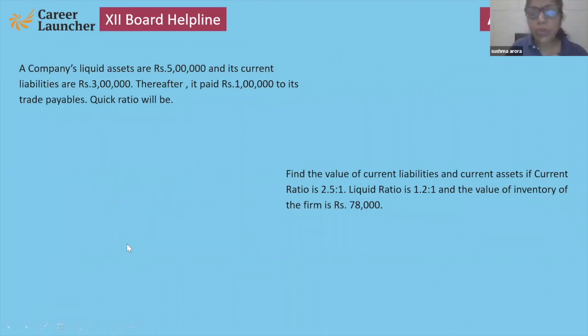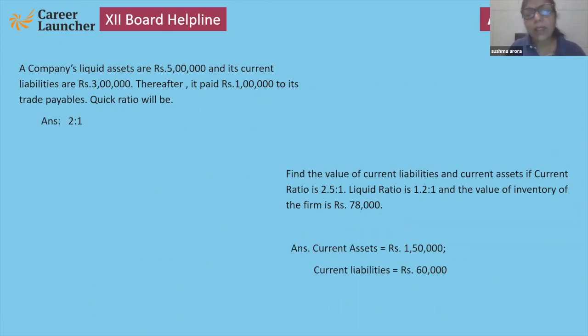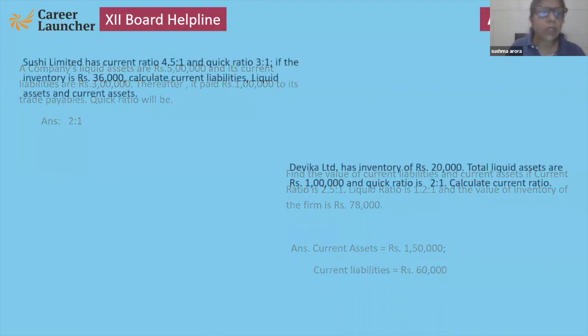Here I am going to show you the way. See, this is the answer, 2.2:1. Just now I showed you, and these are the current asset and current liabilities. Clear, children? Next question.